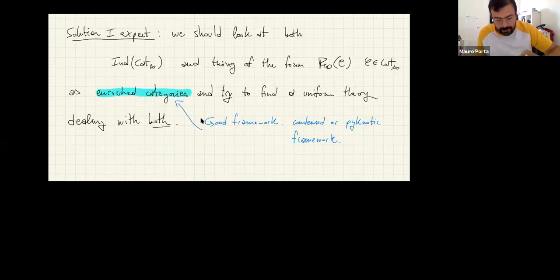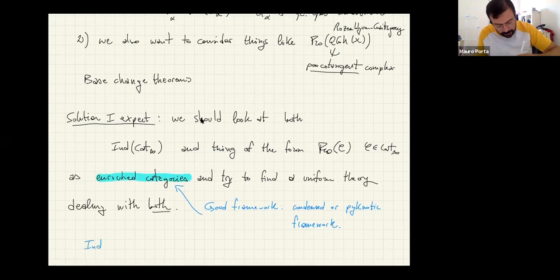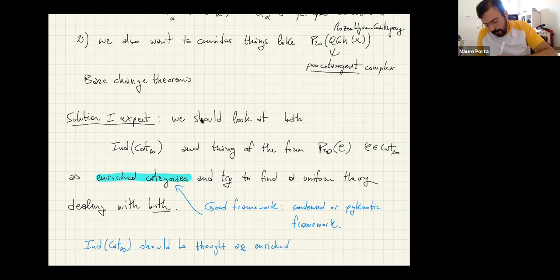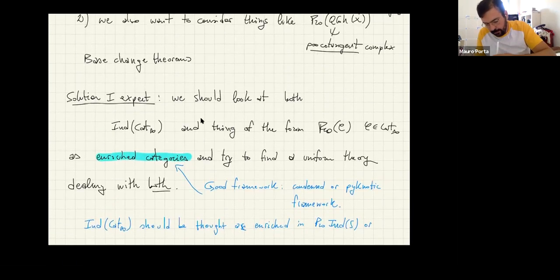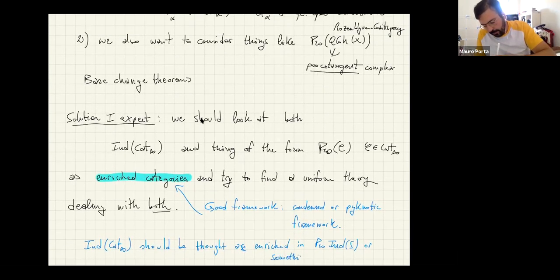But I kind of expect that Ind-cat and pro-cat should be thought of as enriched in pro-Ind spaces or something better, like pyknotic or condensed spaces. Something like this. So this is the upshot.